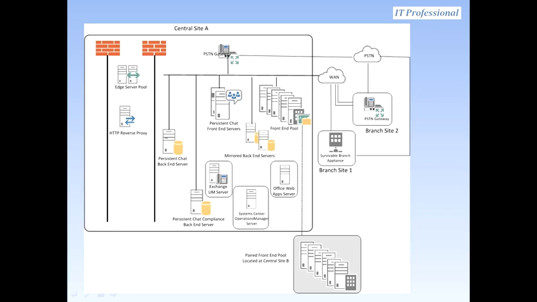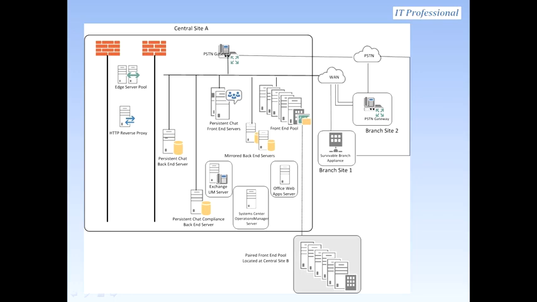We have here also the front-end pool, which I already said is paired with the front-end pool located on central site B. We have a reverse proxy, we have an edge server pool, we have also branch site A, branch site 1, and branch site 2. Branch site 2 has a resilient WAN link, so you need only a public PSTN gateway.